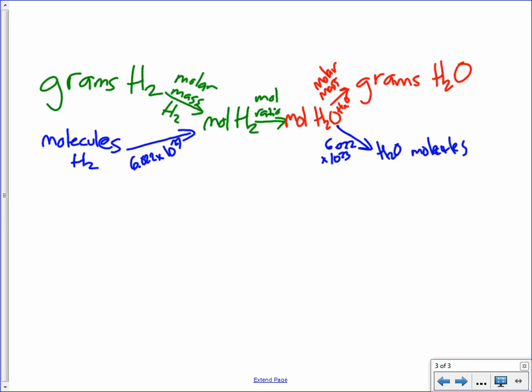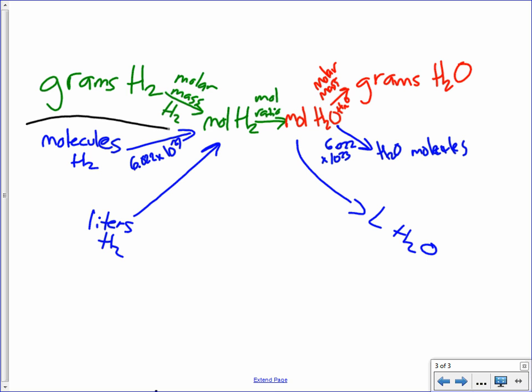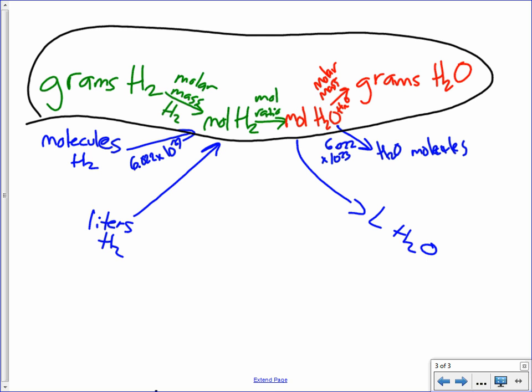All right, so you can also do it with volume, let's say liters. Okay, and you would find liters of water. Okay, but for this class, all you need to know how to do is this part.